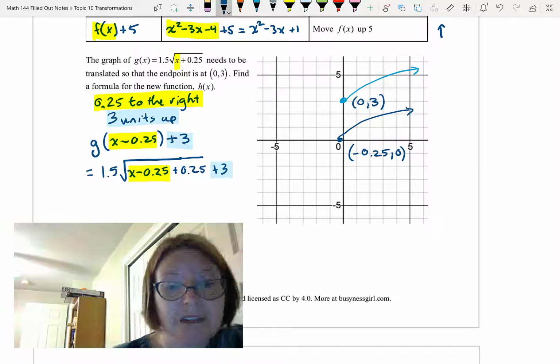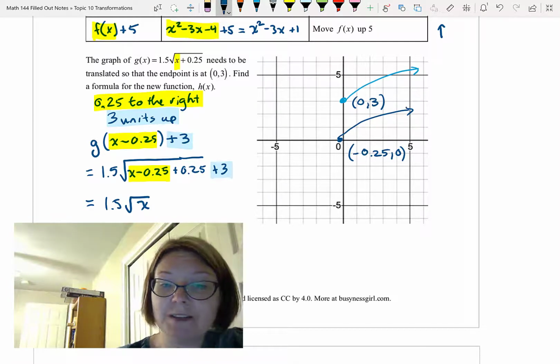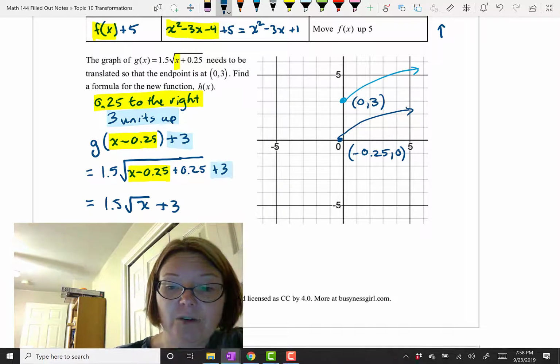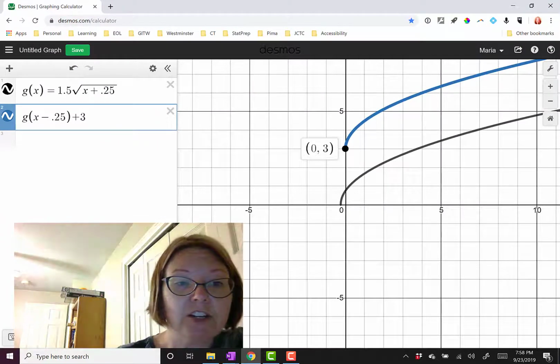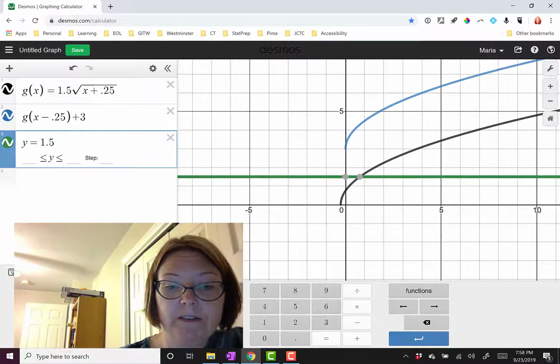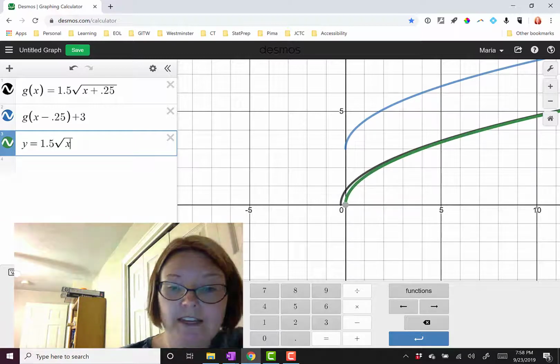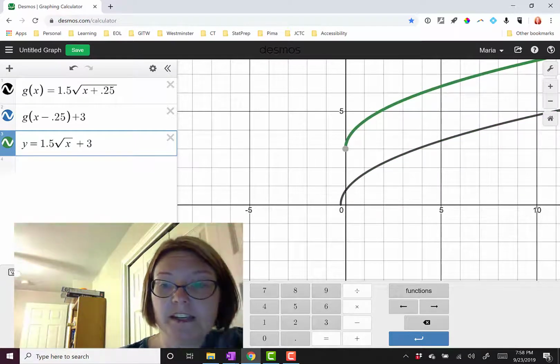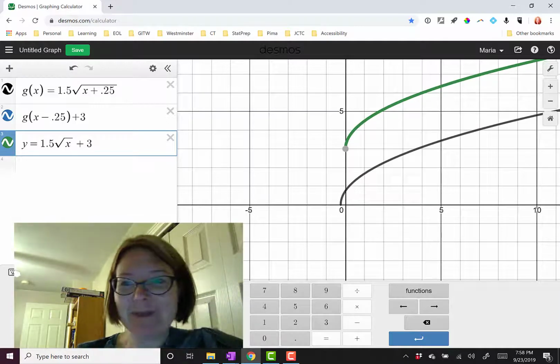That gives us 1.5 times the square root of just x, because minus 0.25 plus 0.25 goes away, and on the outside I have plus 3. To double check that, I can go back to Desmos and make sure that y equals 1.5 square root of x on the outside plus 3 gives me the exact same graph. And it does, so I know I've done it correctly.